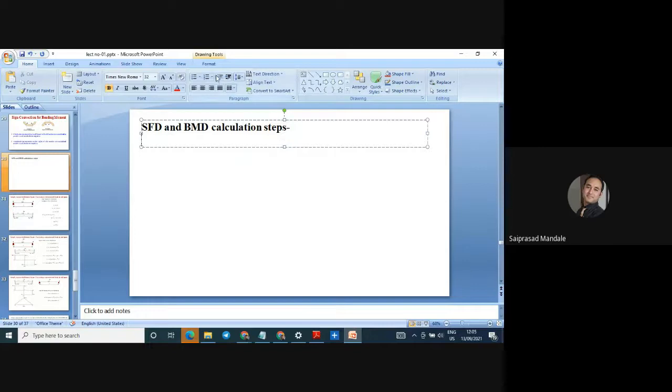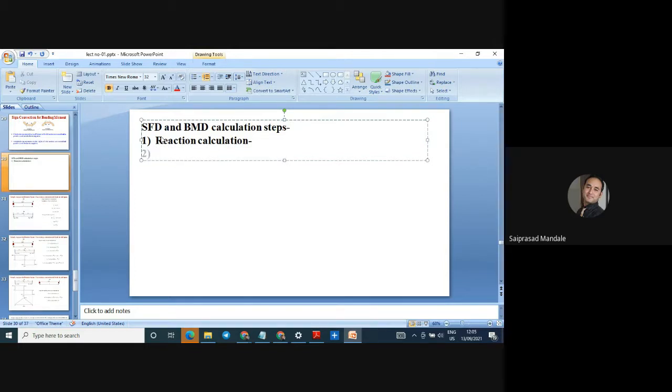So what are the different steps we'll be looking for? First step is always reaction calculations.